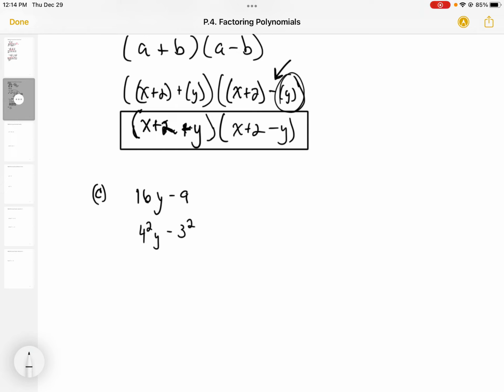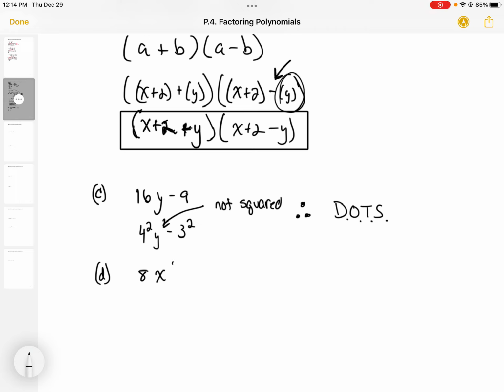But we have this y here, and that y is not squared. And therefore, this is not a difference of 2 squares. That's just my abbreviation for difference of 2 squares. That y would have to be squared in order for me to be able to factor that as a difference of 2 squares.